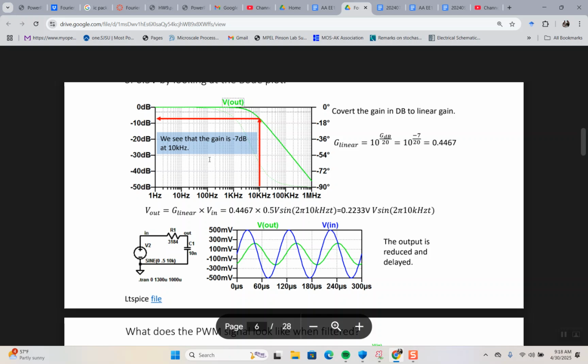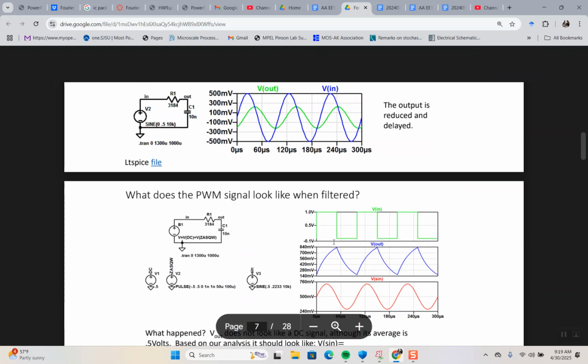So now here's our Bode plot. We're at 10 kilohertz. Here's a cutoff frequency of, I forget. Anyway, you can see that I put in V in and get V out attenuated, right? That looks great.